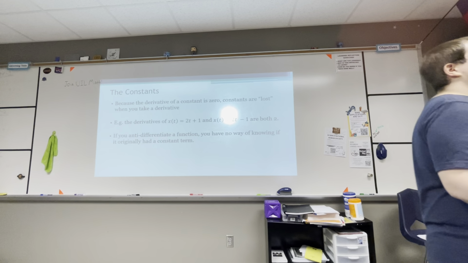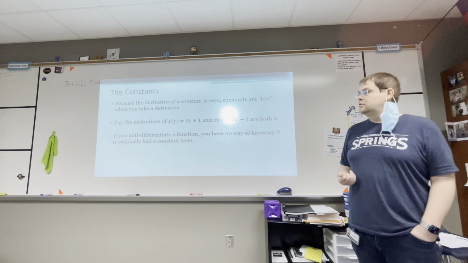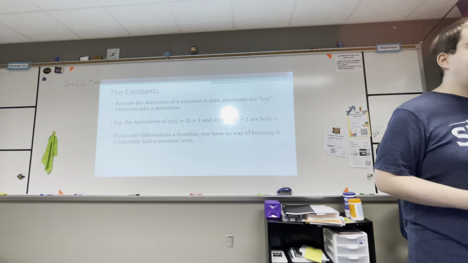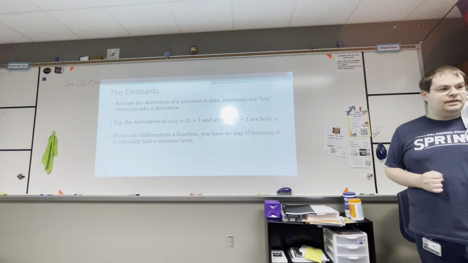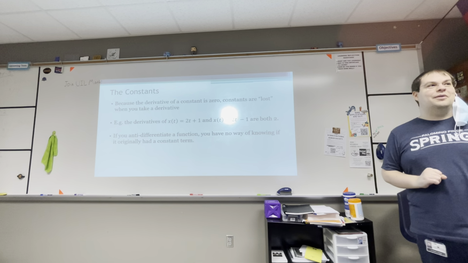It's easy to differentiate, but when we go backwards, it's like, well, which one was it? Positive or negative? They both give us the same answer, but they're completely different functions. So we have a very complicated physicsy way of adding this constant or figuring out what it is.